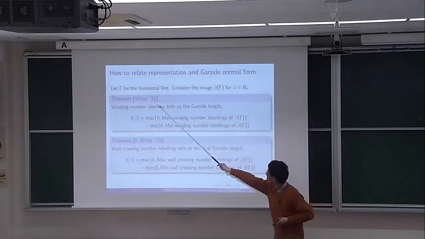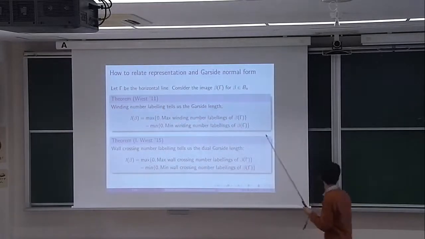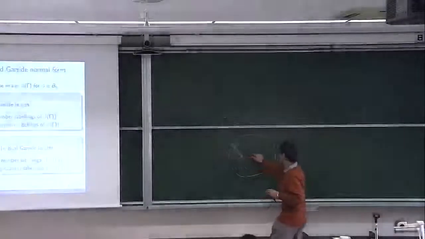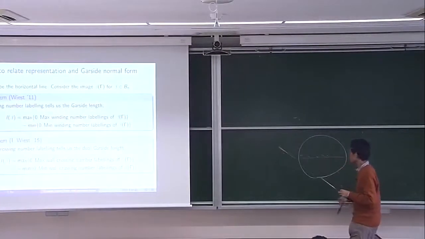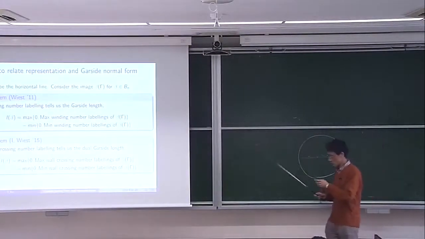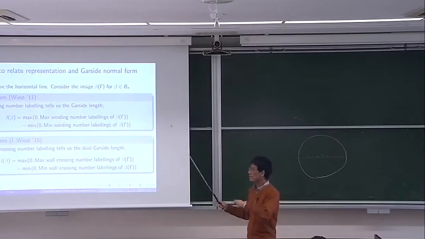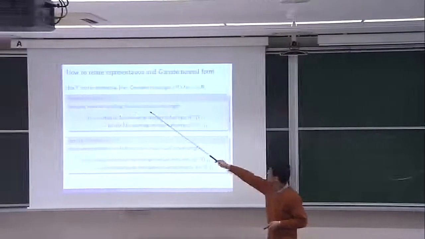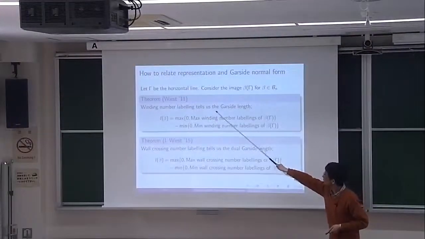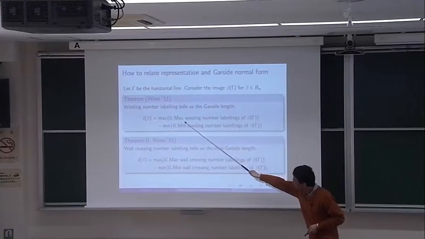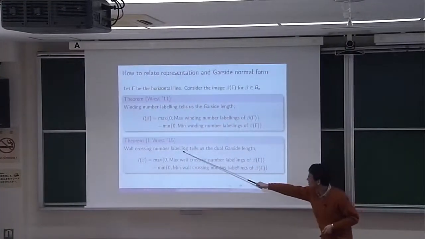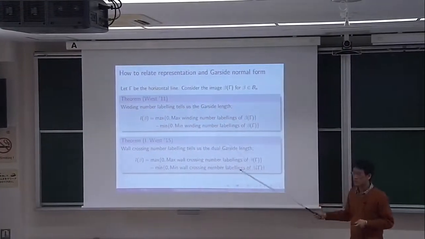Let us consider the punctured disk and a horizontal line. Then consider its image and look at the labeling of its image. The winding number labeling tells us the classical Garside length, and the wall crossing labeling tells us the dual Garside length of the braid.